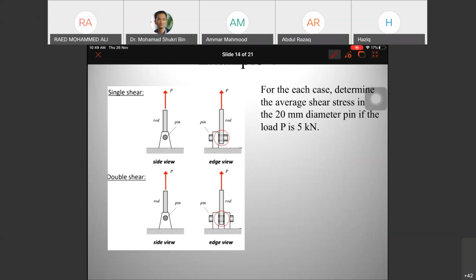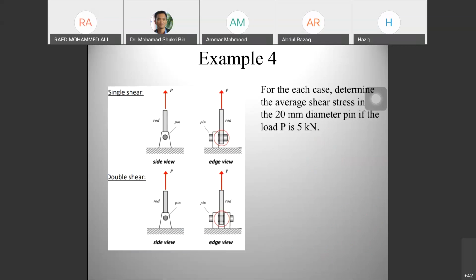This is not an example, but more like an explanation. This is single shear, and compare it with this one, which is double shear. How do you separate this rod from this support? You only need to pull once. If you pull once, it breaks, so it's single shear.